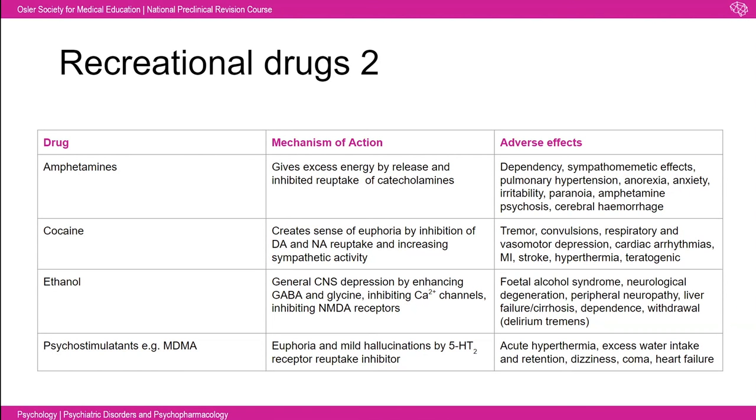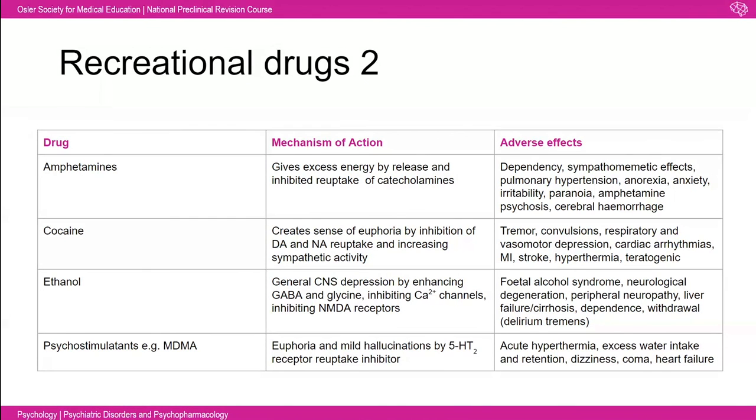Then it causes dependency, sympathomimetic effects, so effects of the sympathetic nervous system, pulmonary hypertension, anorexia, paranoia. And then amphetamine psychosis, which presents like a schizophrenic attack, but is caused by an overdose of amphetamines. Then you've got cocaine, which creates a sense of euphoria by the inhibition of dopamine and noradrenaline reuptake, and it increases sympathetic activity.